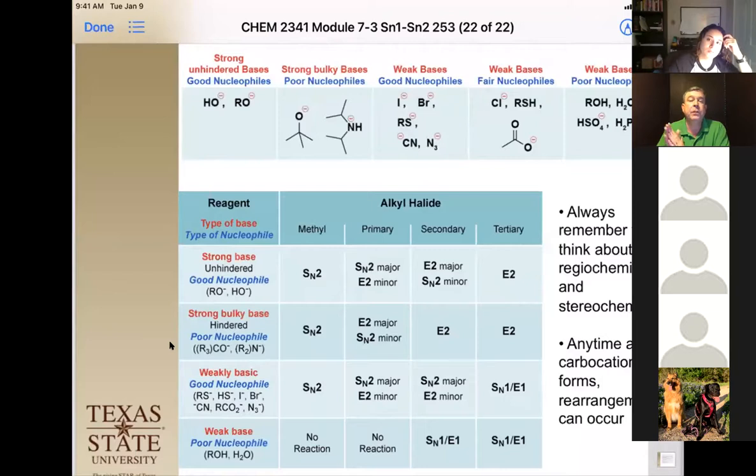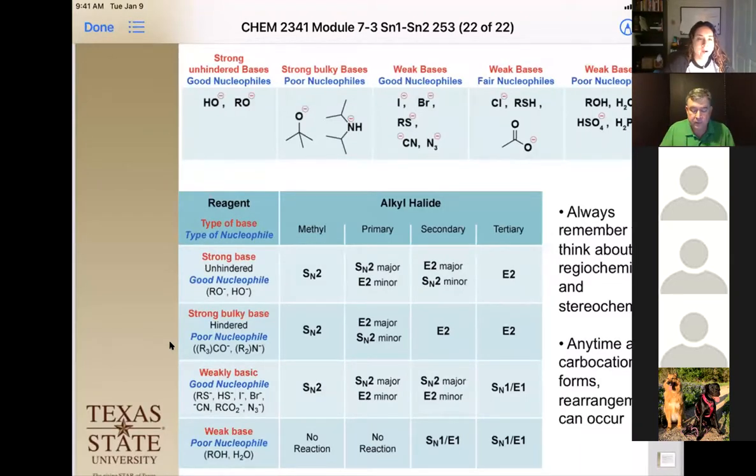And then when we go to the weak bases, poor nucleophiles, think of the alcohol, water, and deprotonated acids, where they want to have a proton, but they're still weak bases because they're still fairly strong acids themselves. Whenever we get to that part, you have to wait around for the carbocation. So you're going to have a competition between SN1 and E1. But again, it's substrate dependent. So let's look at the substrates right here.